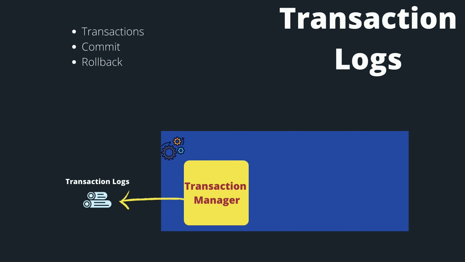But the transaction logs do not hold the data yet. They only hold the statements in whatever form they are hashed. We will talk more about this in a bit when we get to data files, but just keep that in mind. The commit will make the transaction manager write into the transaction logs. With a rollback, nothing will ever be written in the transaction logs.